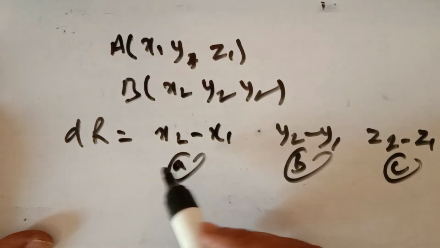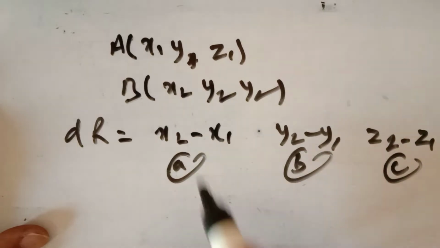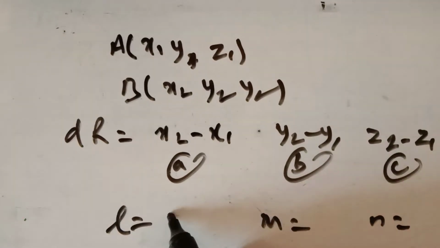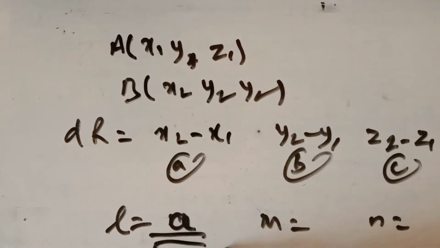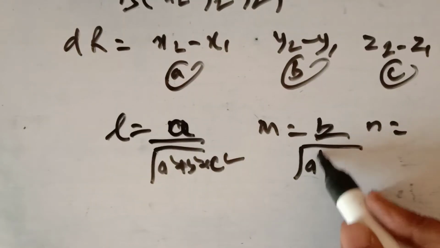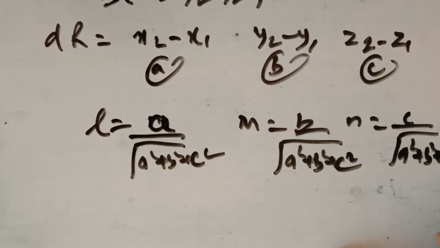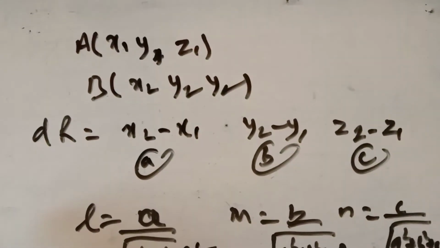So when the coordinates are given, first of all find the direction ratios a, b, c, and then you can easily find l, m and n, where l is equal to a upon under root a square plus b square plus c square, m is equal to b upon under root a square plus b square plus c square, and n is equal to c upon under root a square plus b square plus c square. So these are the direction ratios and direction cosines when the coordinates of the points are given.